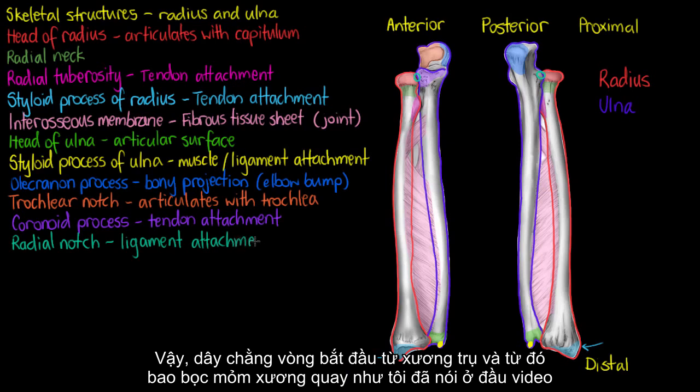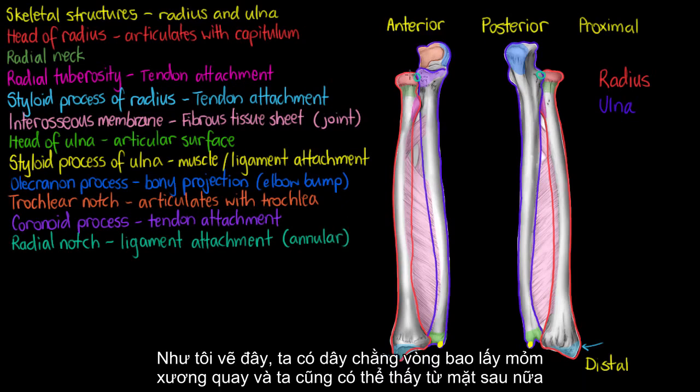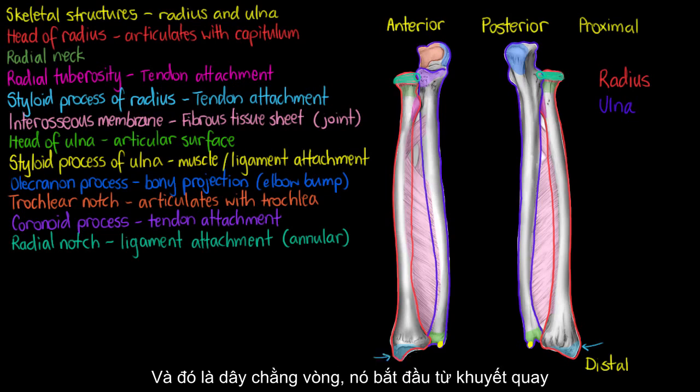So our annular ligament starts from our ulna and is going to surround the head of the radius, as I said earlier in the video. And I'll just draw this up here as well. So we've got the annular ligament surrounding the head of the radius here, and we'll see it from the posterior side as well. So that's our annular ligament that starts from the radial notch.